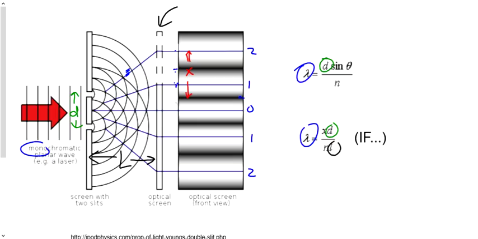Or it can be from this maximum to this maximum. Or it can be from this minimum to this maximum. X can be whatever distance, measured in meters, that you want, as long as N is consistent with it.